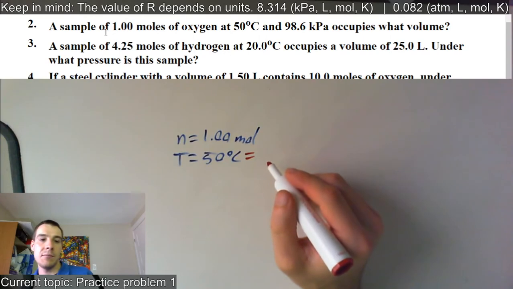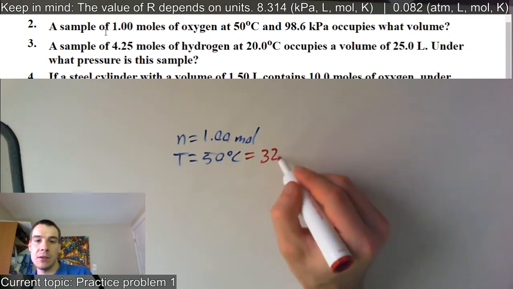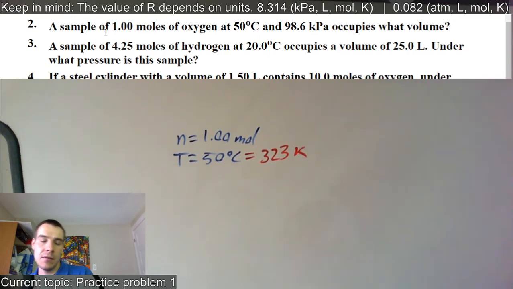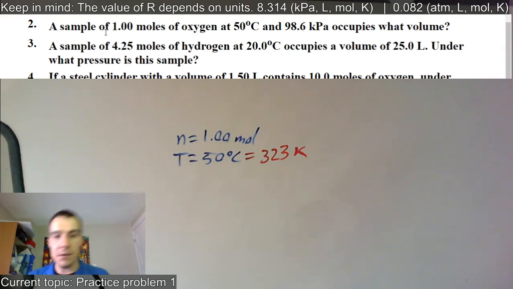50 degrees plus 273 is going to be 323 Kelvin. I think that's right. I'll just double check that. 50 plus 273. Yeah, 323 Kelvin. Then we've got volume is 25 liters.